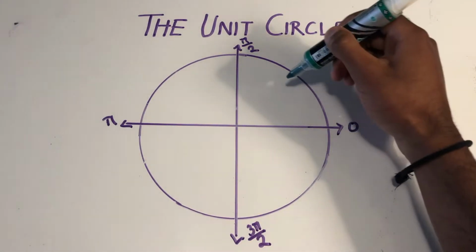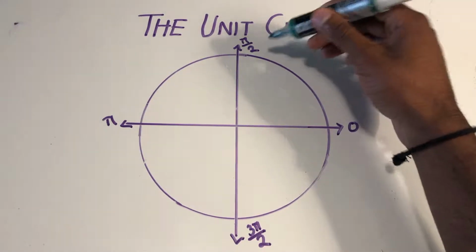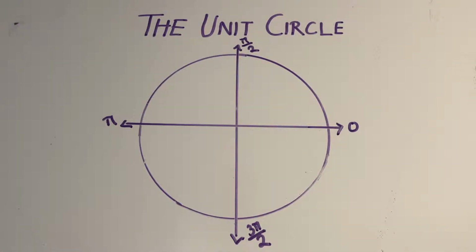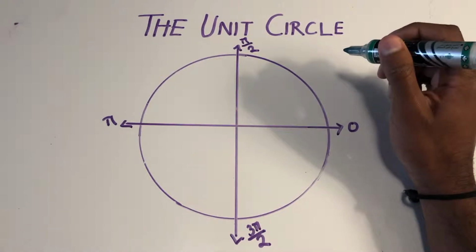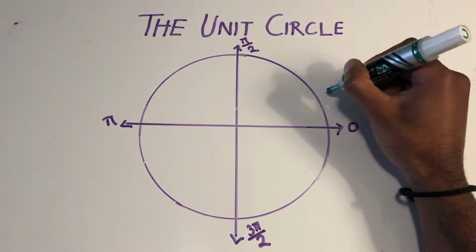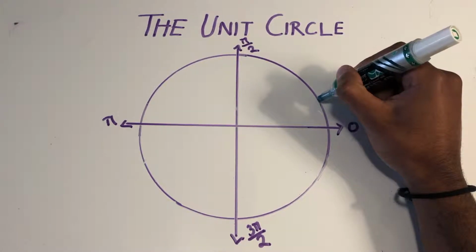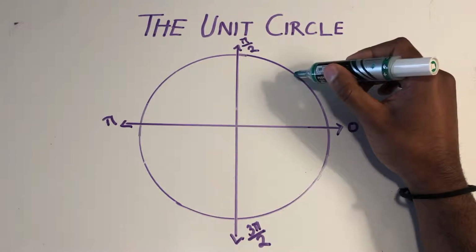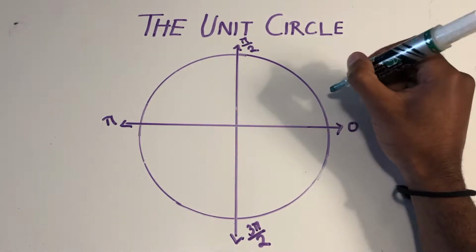They all lie in the first quadrant, between 0 degrees and pi over 2. So pi over 6, which is 30 degrees, should lie somewhere here. If 30 degrees is here, 45 has to be here, and 60 has to be somewhere here. Of course, this is a very rough sketch.